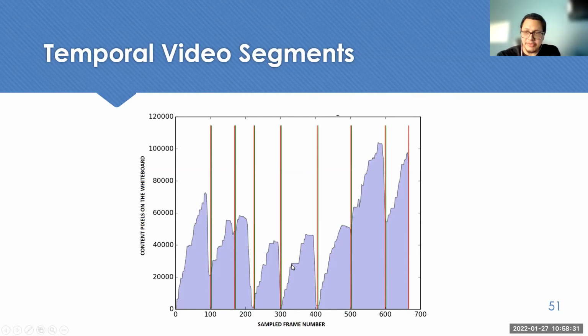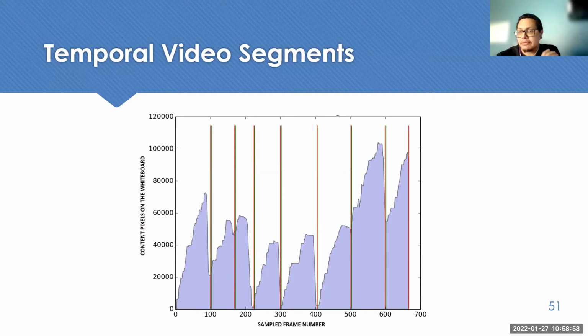At some point, the professor might stop to explain something, and we get a plateau with no new content written. Then the professor starts writing again, stops for another short explanation, writes again, then gives a longer explanation of the entire thing. Then the professor starts erasing the board, we see the content go away, and the pattern repeats. That's how a typical lecture goes.